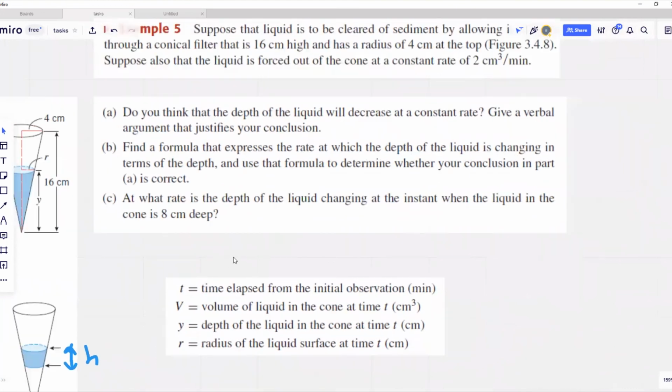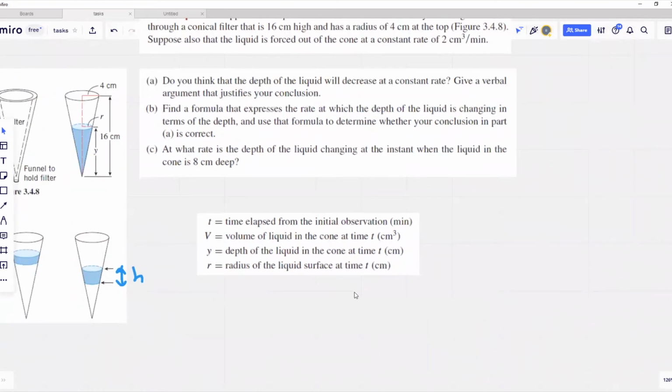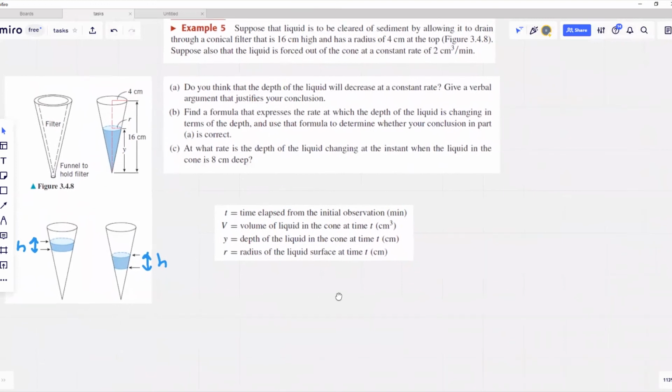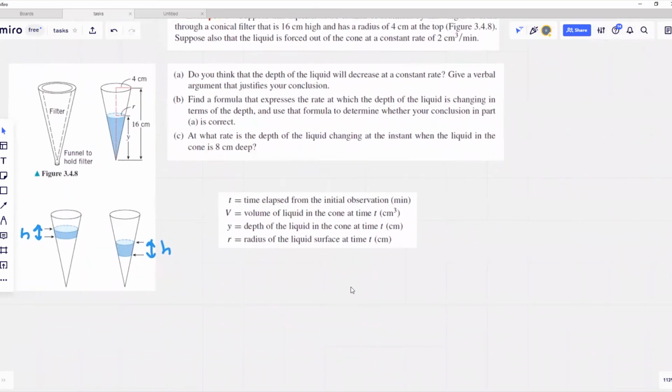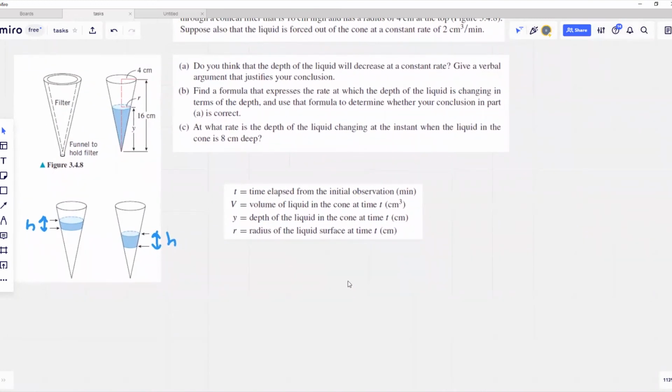All right, next question. Find the formula that expresses the rate at which the depth of the liquid is changing in terms of the depth, and use that formula to determine whether your conclusion in part A is correct. All right, so let's follow our simple steps. Our first step is to write down an equation that relates our variables of interest. So let's start by writing down an equation for the volume of a cone.